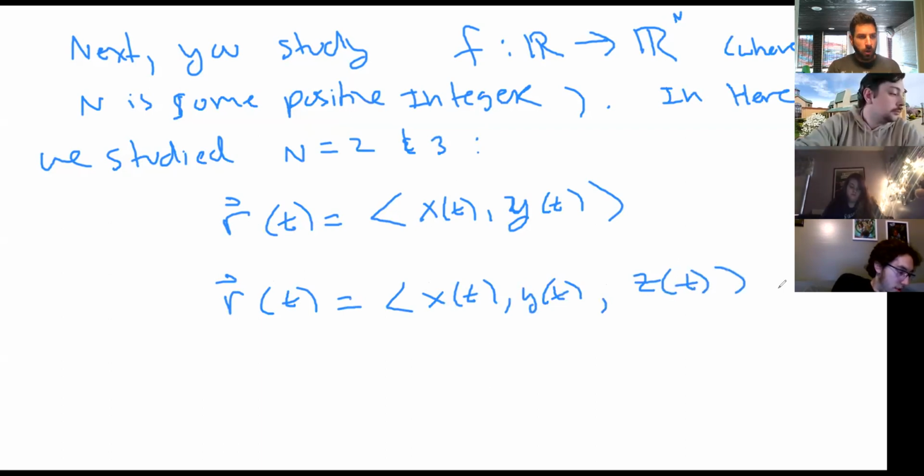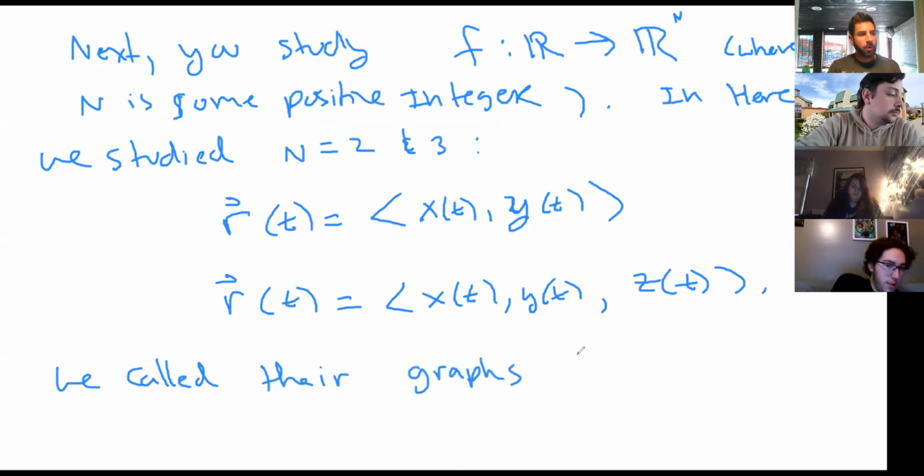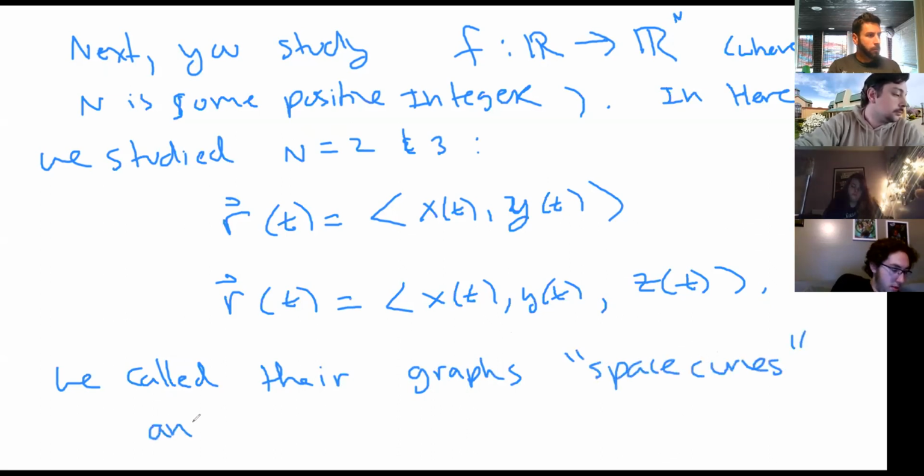So we gave a name for their graphs. We called them space curves, and or trajectories.